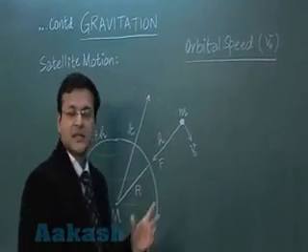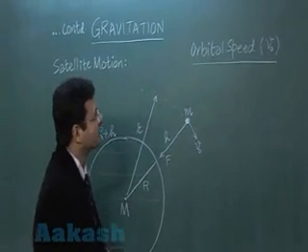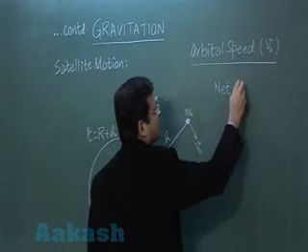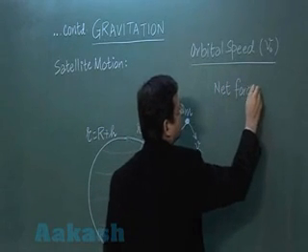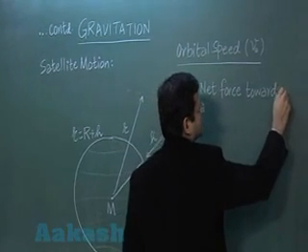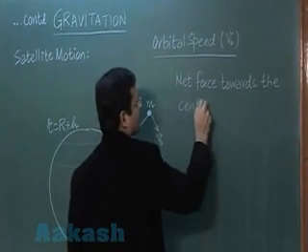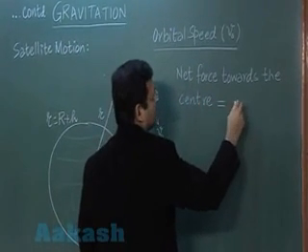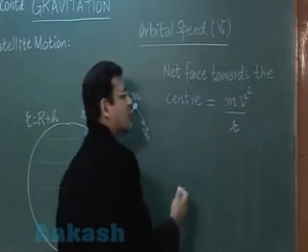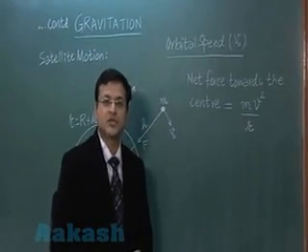As we said that the orbit is circular, and for circular motion the only condition we had is that the net force towards the center must be equal to mv square by r. This was the equation we have written whenever a body is under circular motion.